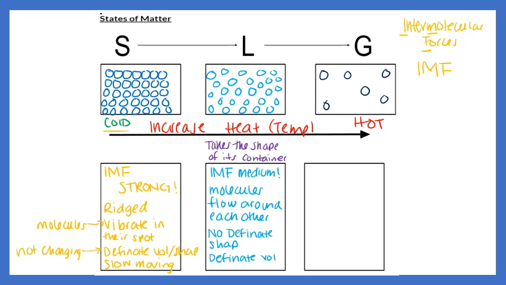So it takes the shape of its container. So it has no definite shape. All right. But it has a definite volume. So it keeps its volume.